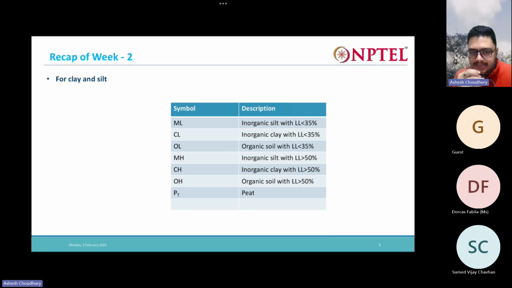And CL, again inorganic clay with liquid limit less than 35%. Then OL, organic soil with liquid limit less than 35%. Then MH, inorganic silt with liquid limit greater than 50%. Similarly, CH, OH and Pt.